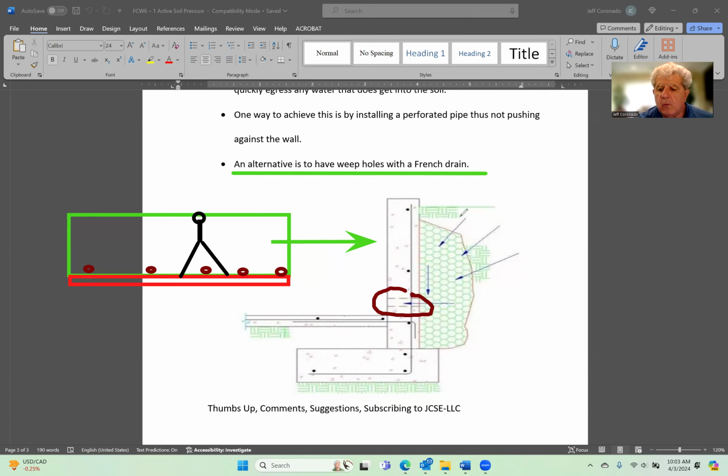So that way your water builds up here, and as it continues to push and push against the wall, eventually that water will find these holes and push out and get out from behind the wall.